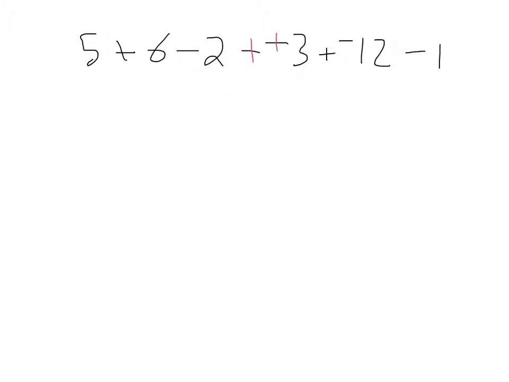It's the same thing as plus a positive. Now I'm going to circle all of my positive numbers in blue. So 5 plus 6, and then minusing 2. And then I'm adding 3. And then I'm adding a negative 12, which is really like subtraction. And then I'm subtracting the 1.